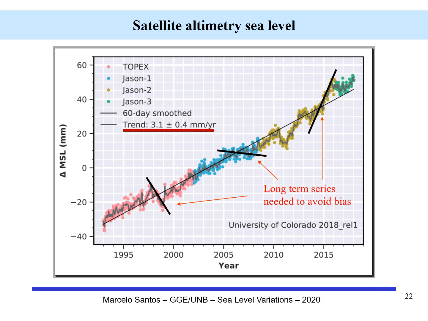The linear trend is 3.1 plus or minus 0.4 millimeters per year. There are periods of slow and fast sea level rise associated with decadal variability, something reported by several authors. The longer the time series, the better to avoid biases and misinterpretations.